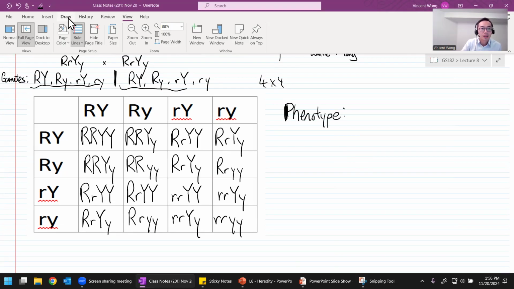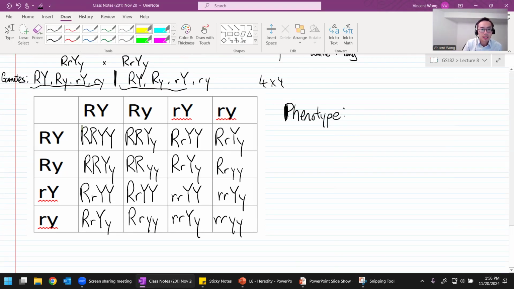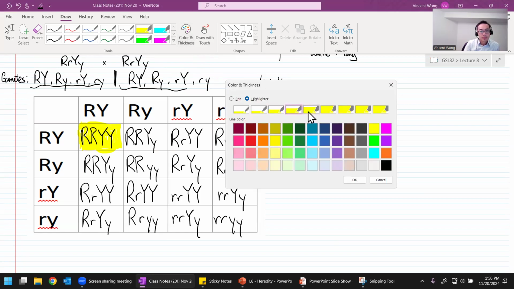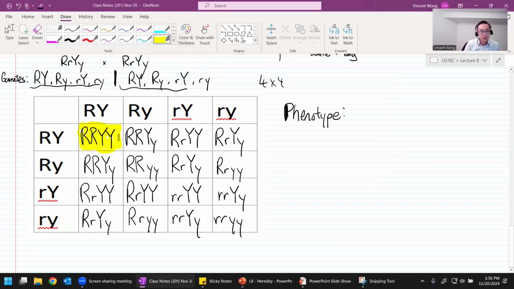Okay, if you have a highlighter or something, please use it. This one, what's the phenotype? What is the phenotype for this first one? Just say it out.